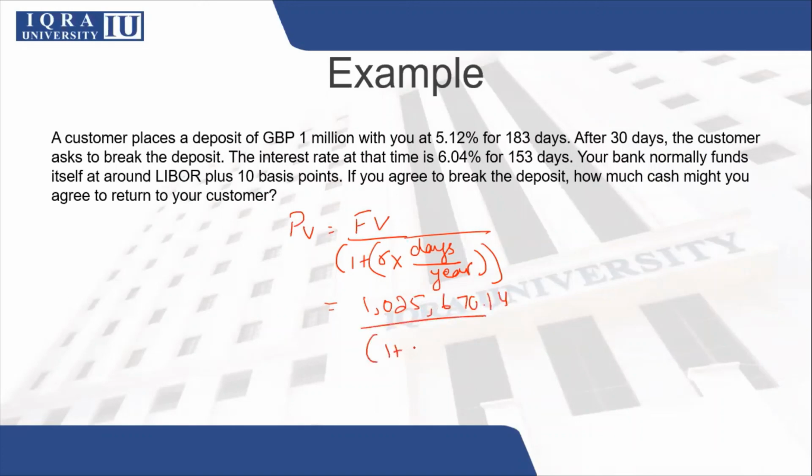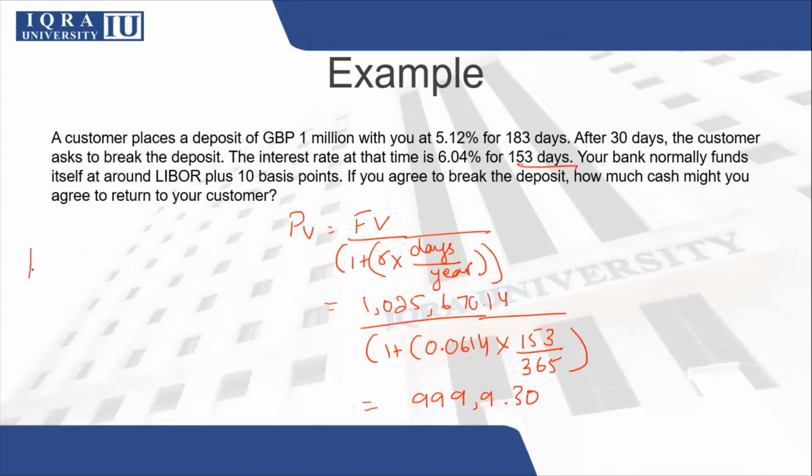The rate that you will use is the rate at which the bank will borrow now, so that is 0.0614 multiplied by 153 days, divided by 365. So you get 999,999.30. This is the amount that they will have to borrow and return to you.